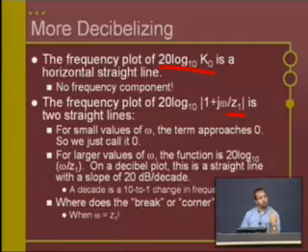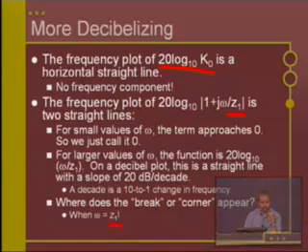For larger values, once you get past that corner frequency or break frequency, it increases linearly with a slope of 20 dB per decade, 20 decibels per decade. And that corner frequency is the zero frequency itself.